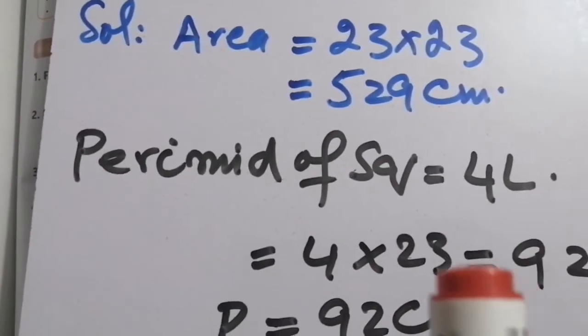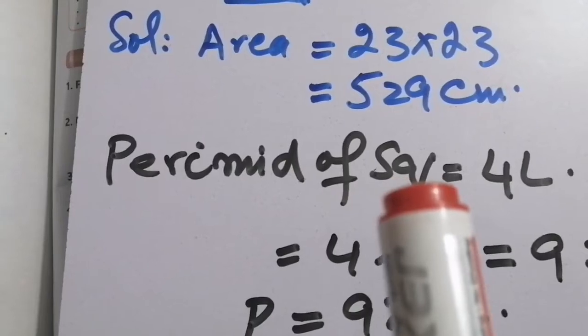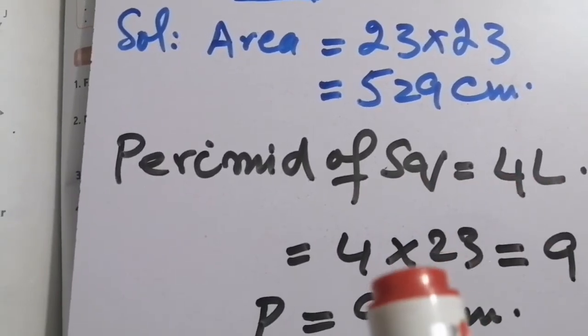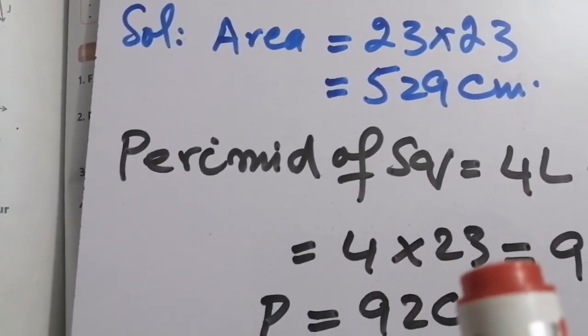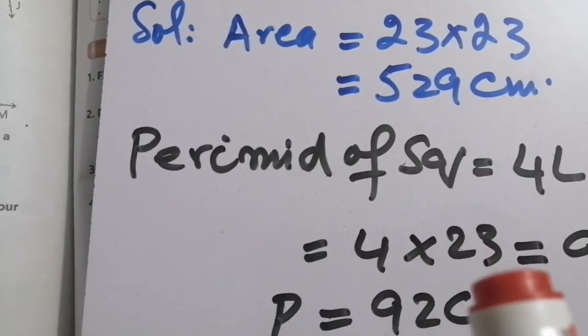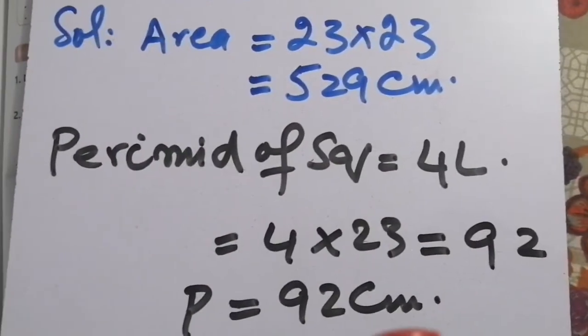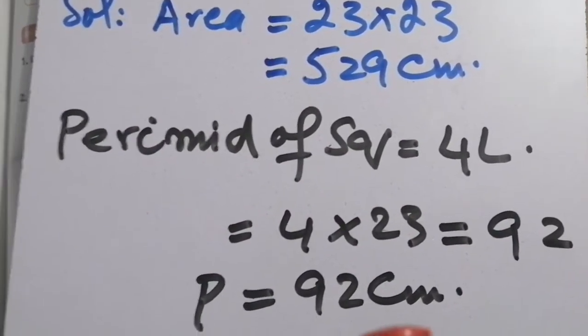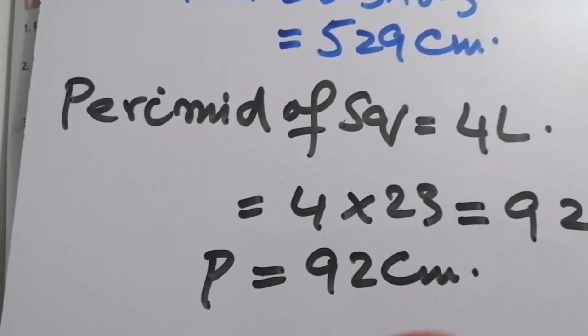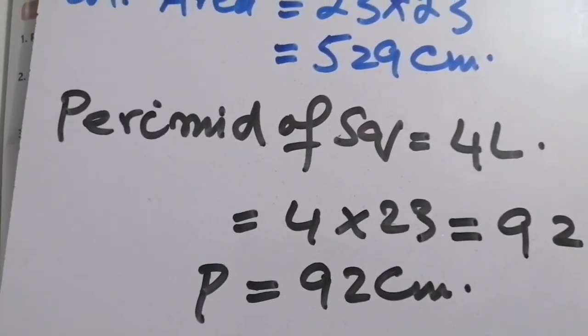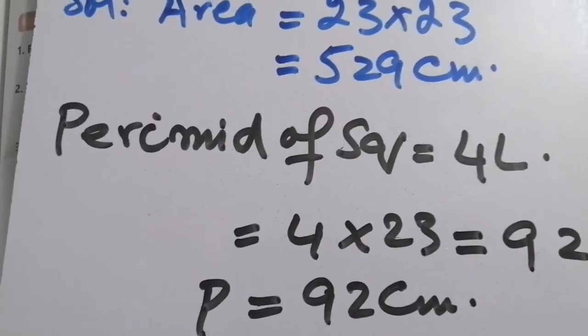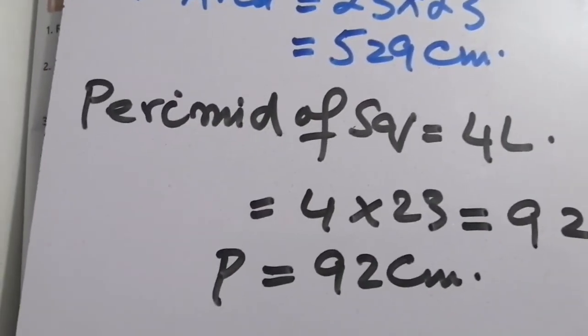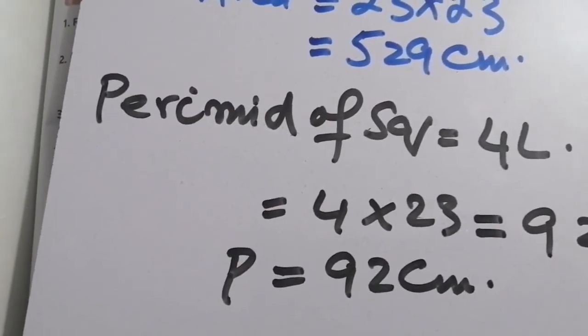In the same way, perimeter of a square is equal to 4L. So we will multiply 4 by the length 23, so it will be 92. So perimeter will be 92 centimeter. In the same way, you have to complete all the questions. These are just a reminder or a revision.